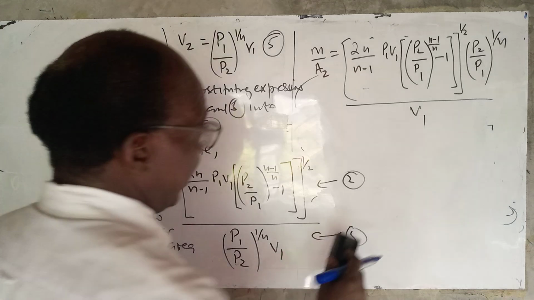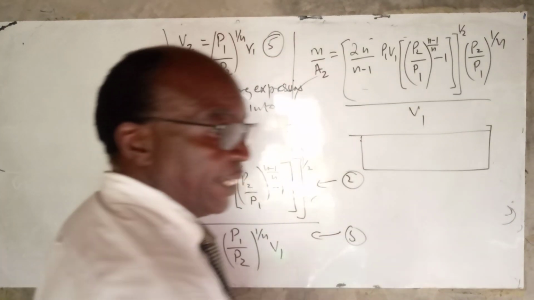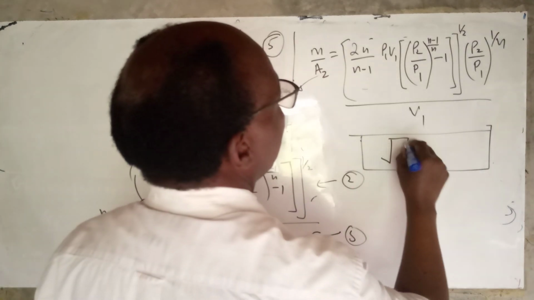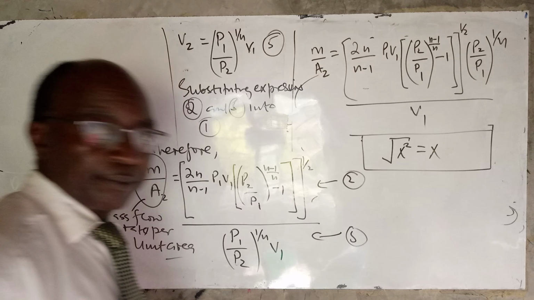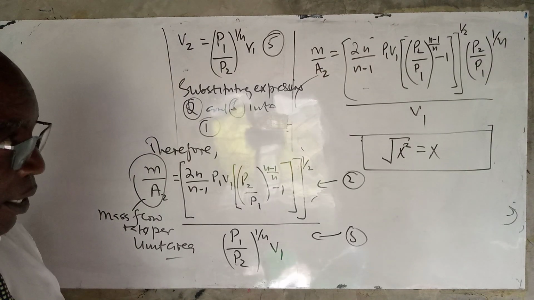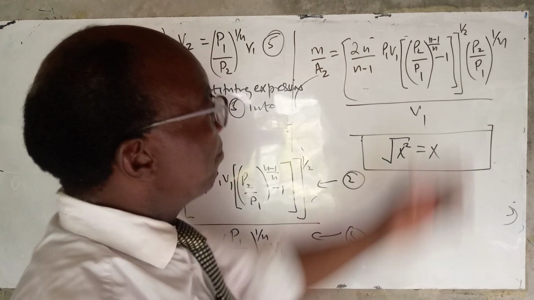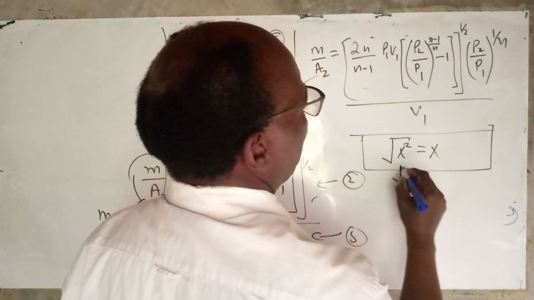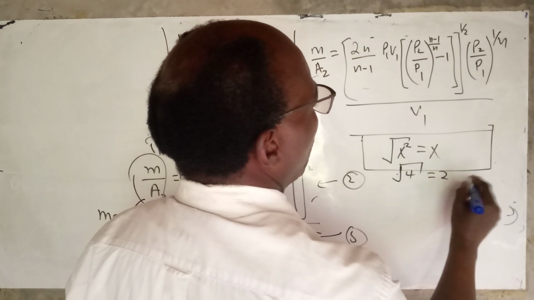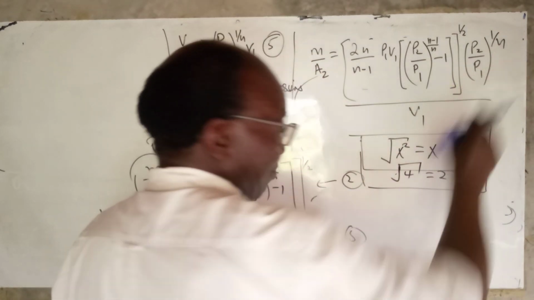Now we simplify it. I'm going to use the simple identity: the square root of x squared is x. Because you have the square root here, in simpler terms, the square root of 4 is 2. So when I have this value here, pay attention.